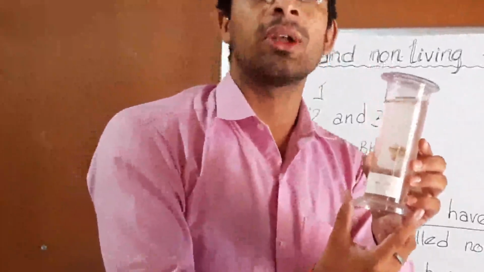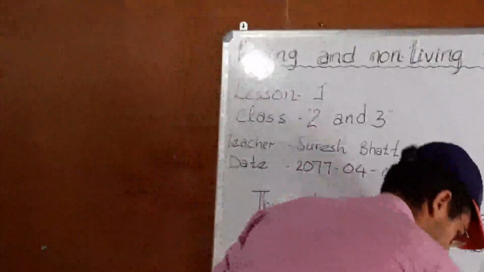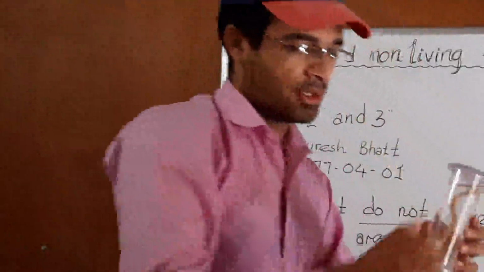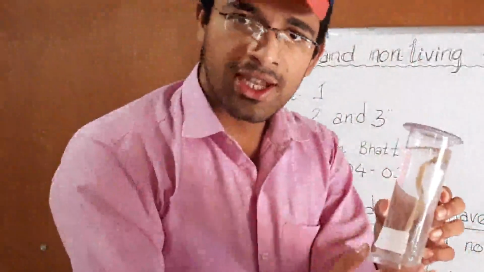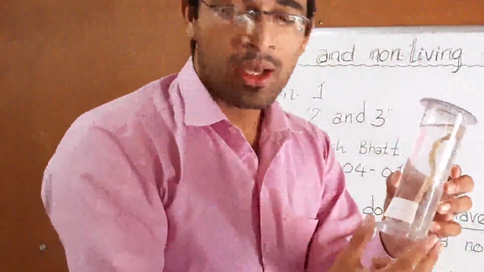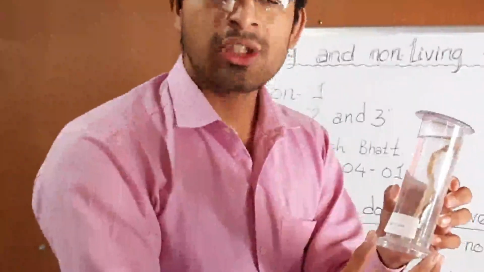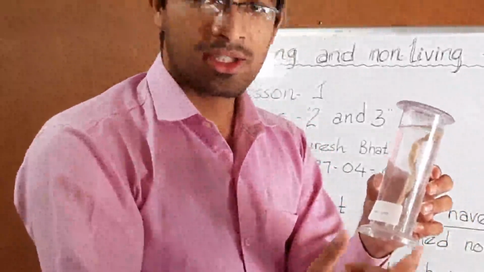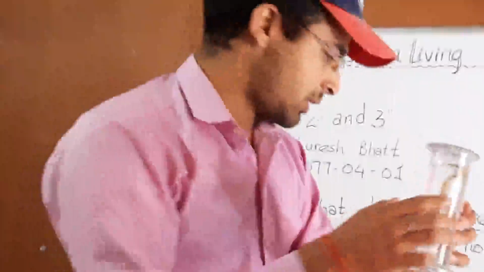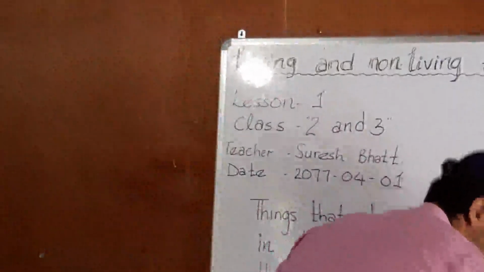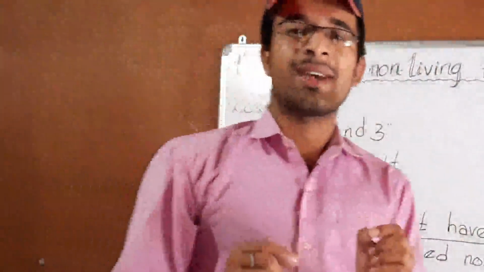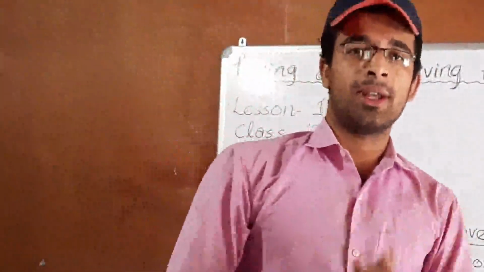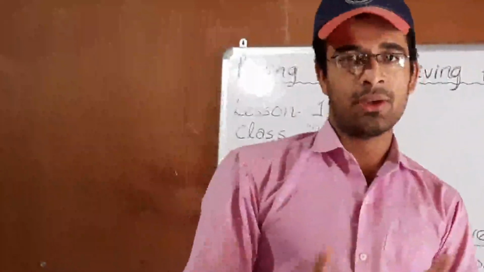This is also a living thing. Next, can you see this animal? This is a roundworm which is found inside your body, inside your stomach. This is also a living thing. These are all some examples of living things. Did you get it? Yes, you can.